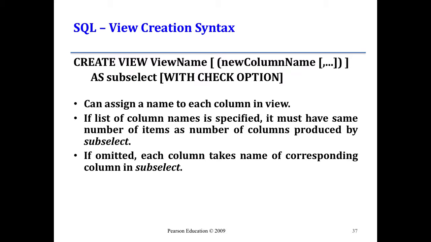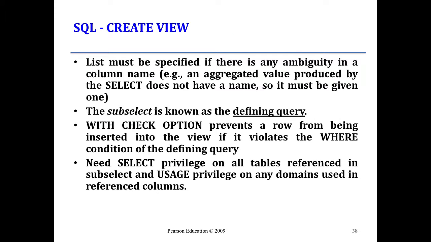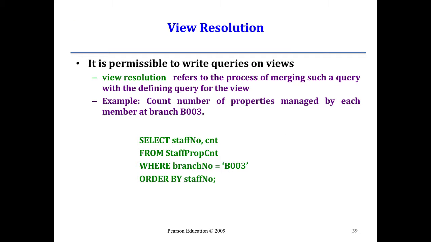Obviously, it should be illegal. So I think in general, you want the with check option, just because I don't see any point to being allowed to insert tuples that would be illegal according to the defining query. Okay, and this is just regurgitating what I've already told you, so I'll let you look through it on your own.